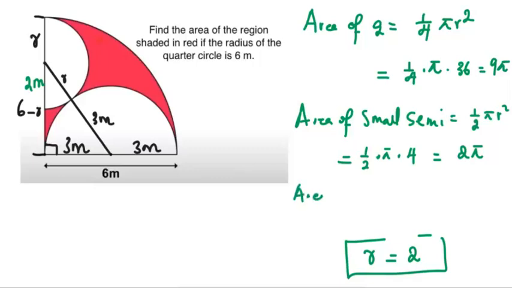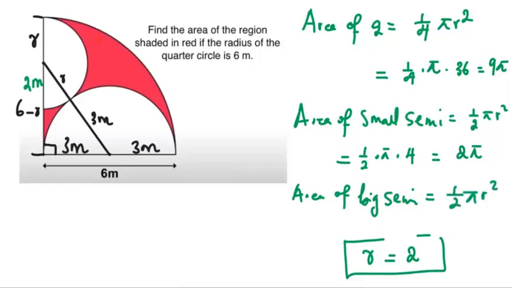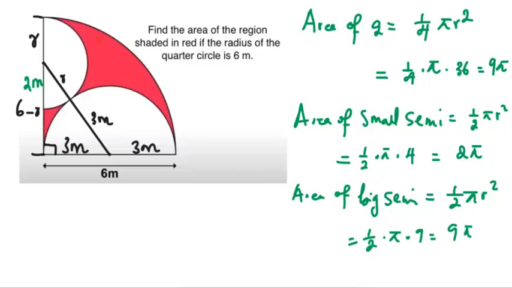Then the area of the big semicircle is going to be equal to 1 by 2 pi r squared. So that is going to be equal to 1 by 2 times pi times the radius squared, which here would be 3 squared, which is 9. This simplifies to 9 pi by 2 square units.